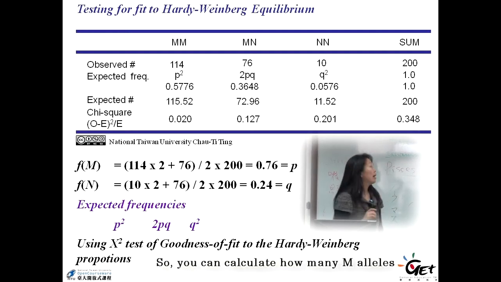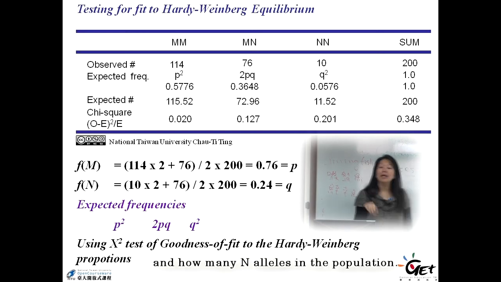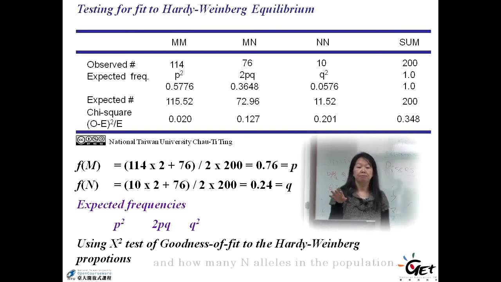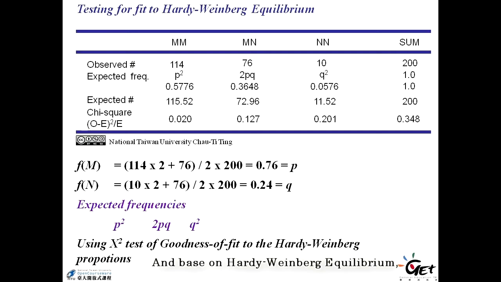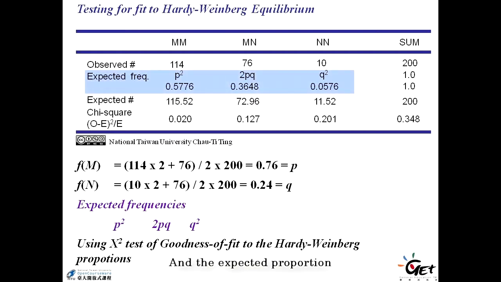So you can calculate how many M alleles and how many N alleles are in the population. And based on Hardy-Weinberg equilibrium, you can calculate the expectation. That's P squared, 2PQ, and Q squared. The expected proportion is listed in the parentheses here, the expected frequency of each genotype.